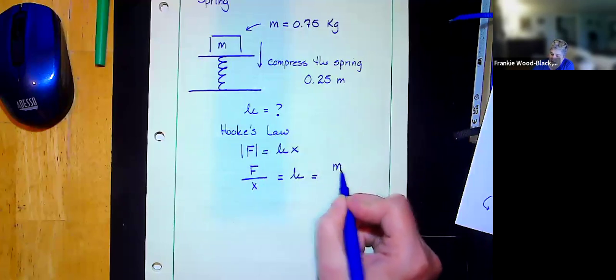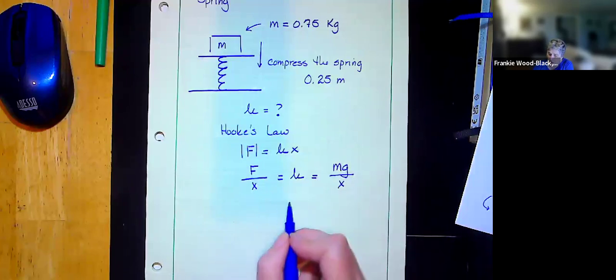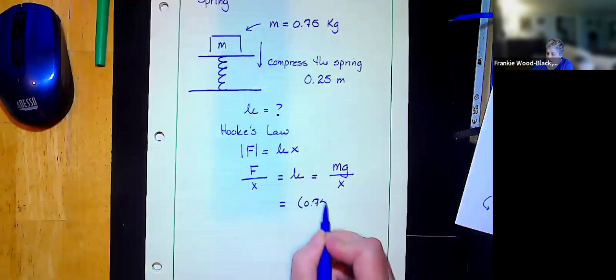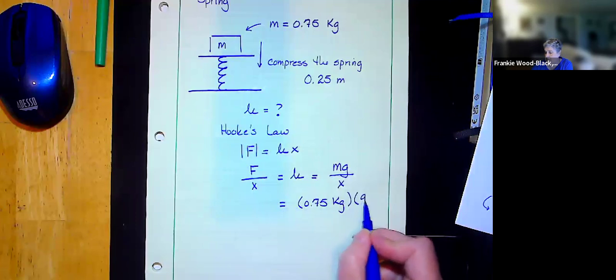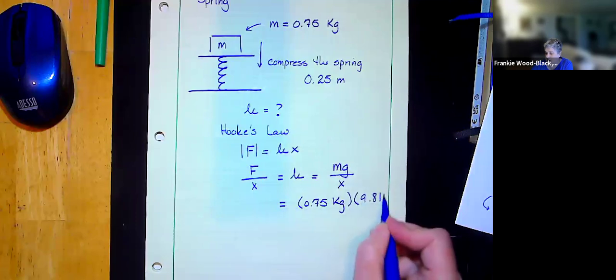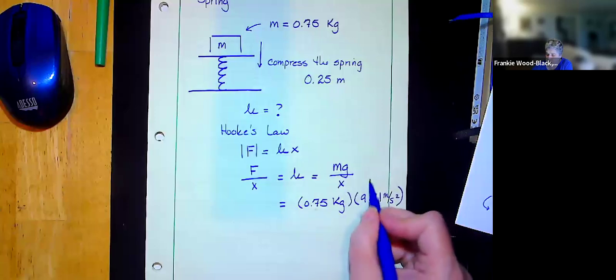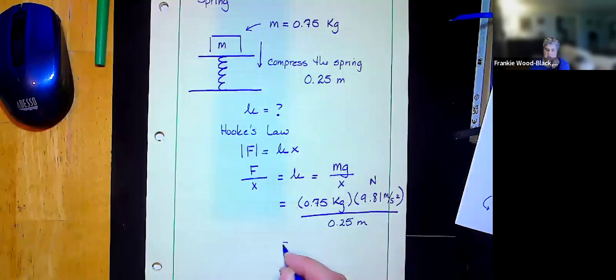This is going to give me mg divided by x. We know that the mass was 0.75 kilograms. Gravity is 9.81 meters per second squared. So I have a Newton on top, and I have meters at the bottom.